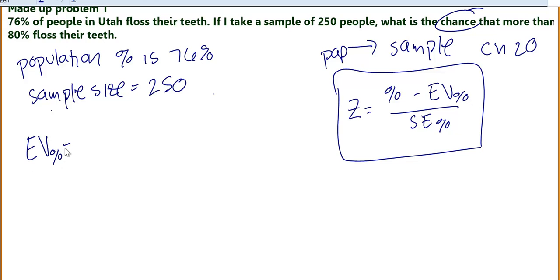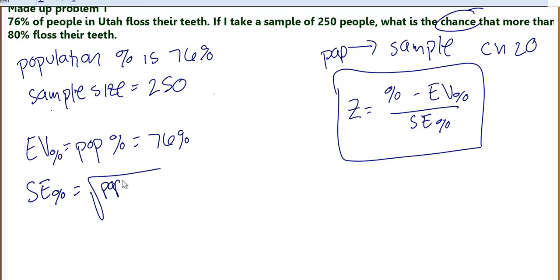So the expected value for my percentage is just equal to your population percentage, which we said is 76%. And the standard error for your percentage is the square root of your population percent times 100 minus your population percent over 250. Oh, sorry, over your sample size.